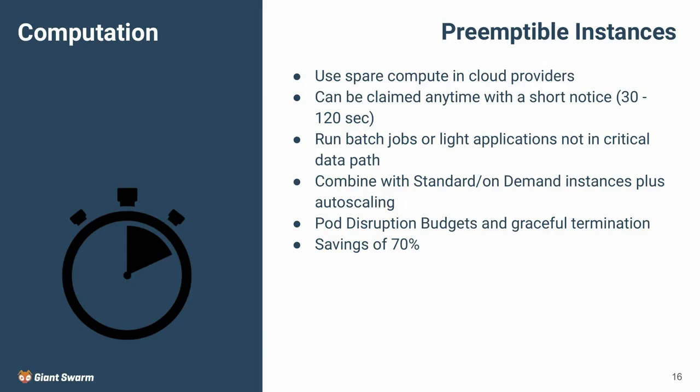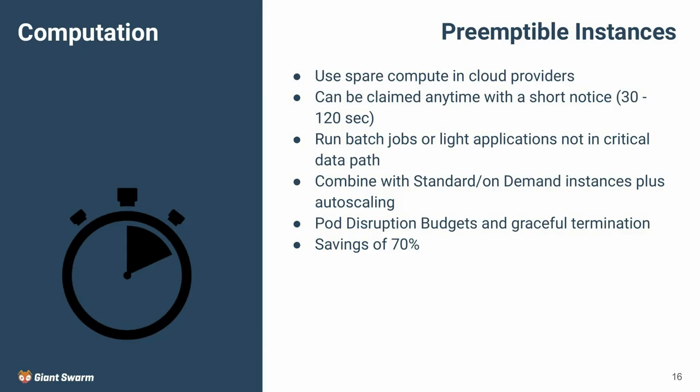So that's not ideal to run any type of application, but things like batch jobs or light applications that are not in the critical data path of your business could be ideal, because as I say, the savings could be between 60 and 80% in cost comparison with standard instances.